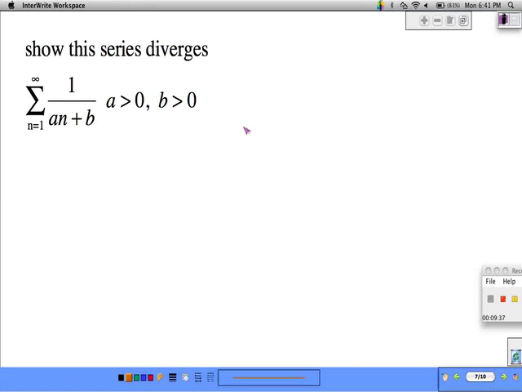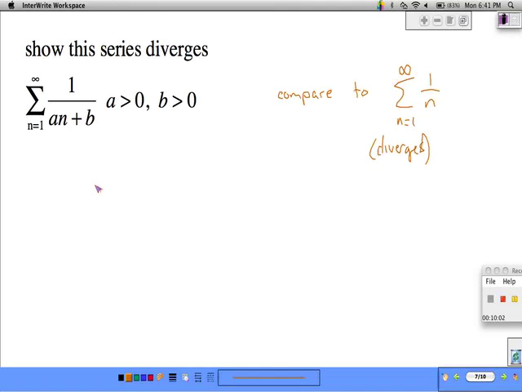And we're going to show that this series diverges. And we're going to compare to 1 over n. This diverges.